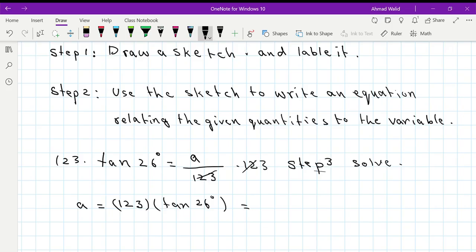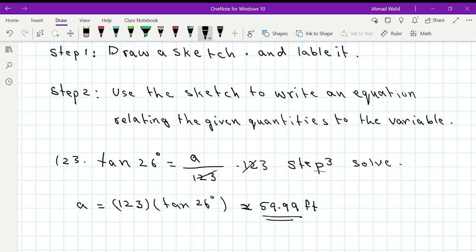Enter. 59.99, approximately, because it's a decimal, 59.99, of course, feet. It means the height of the pole from the ground is 59.99. You can even say 60 feet. Correct?